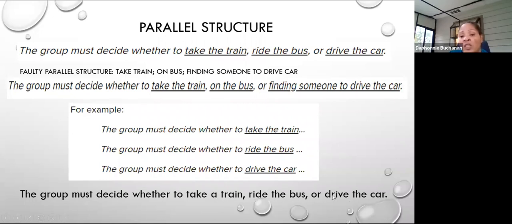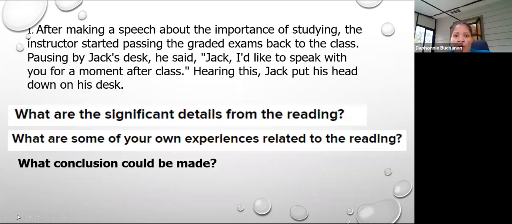All three are about transportation, and all three are about how they're going to get to a particular place. It didn't tell us the place, it wasn't specific, but how they're going to travel. Are they going to ride? Are they going to take the train? Or are they going to drive a car? So the parallelness is about the transportation.